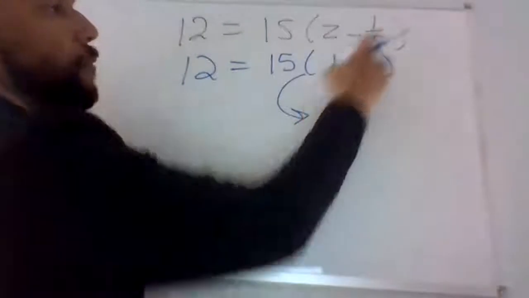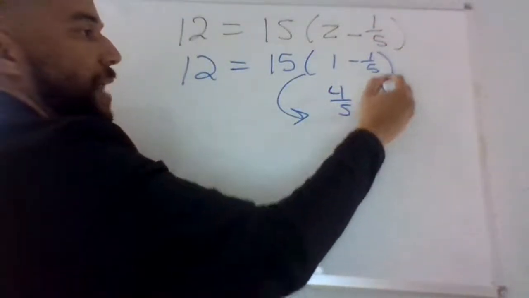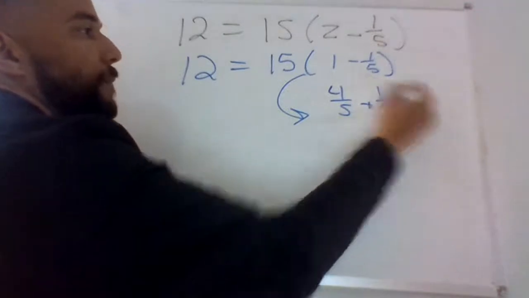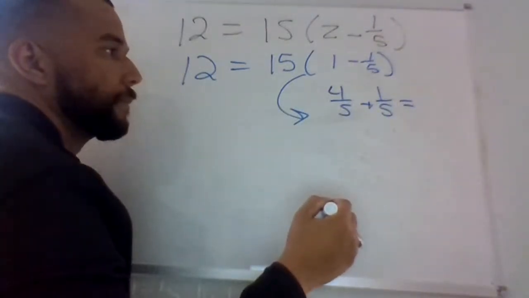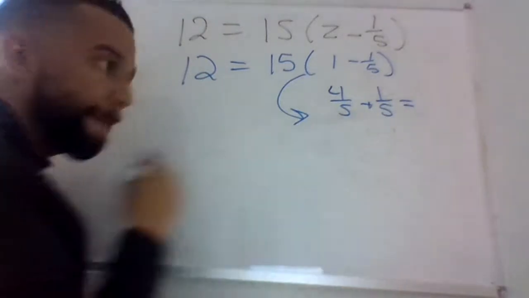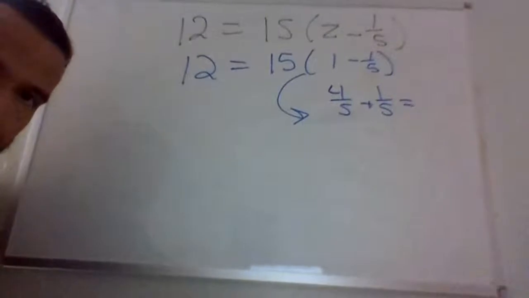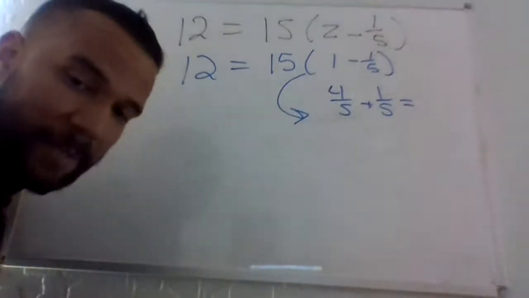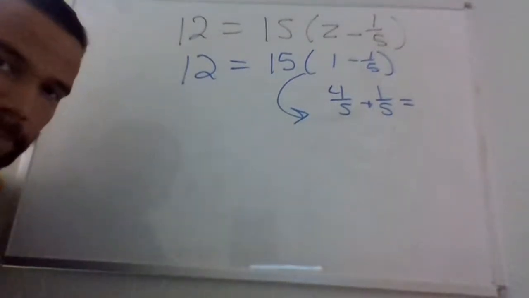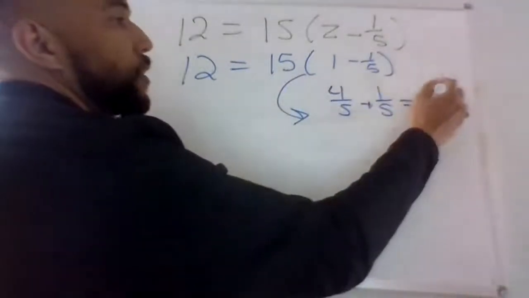You could say, well, I know that if I were to take 4/5 and add it to 1/5, what would I get? Yes, we can. We can do the problem like this. So we know that 4/5 plus 1/5 gives you 5/5.